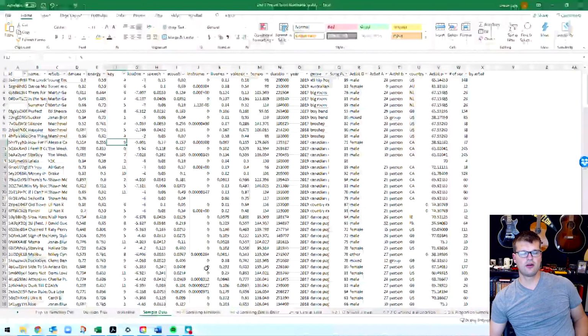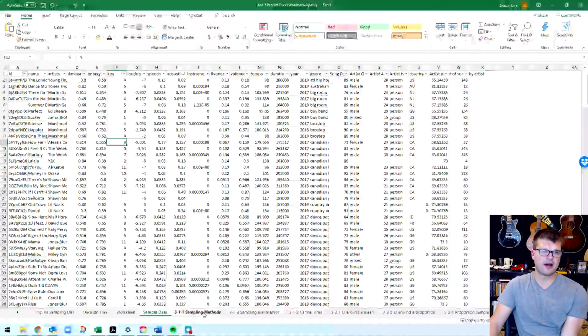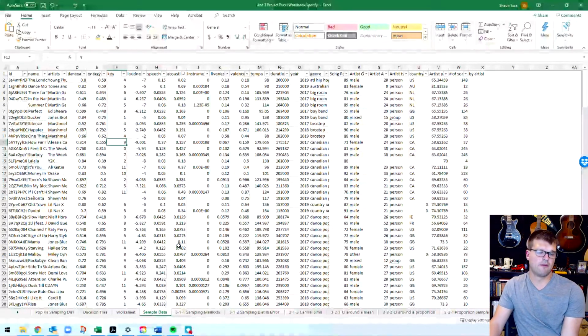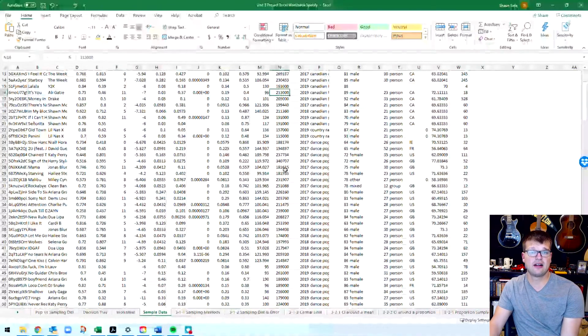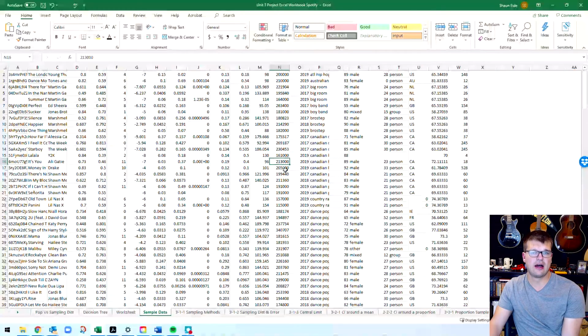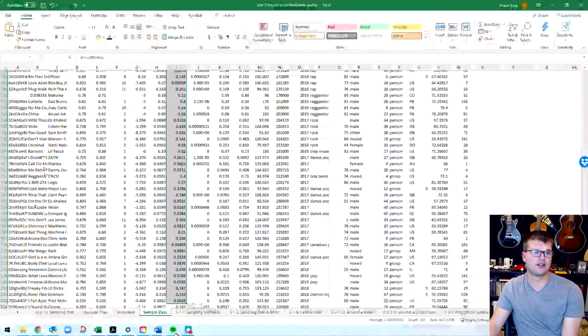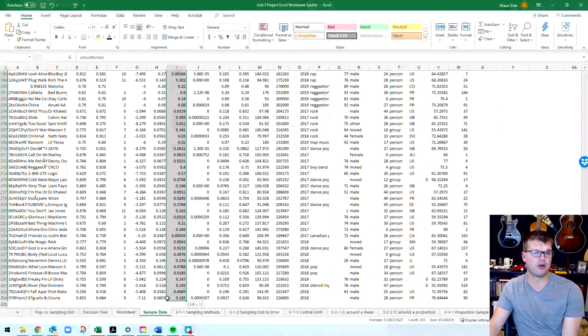Okay, so each one of y'all have your own data sets. So this particular workbook is for the Spotify data set. And so just to be frank, the Spotify data is literally, it's just massive. And so for every single one of you guys, I made it so that you guys only are dealing with a sample or a small part of the larger data set.